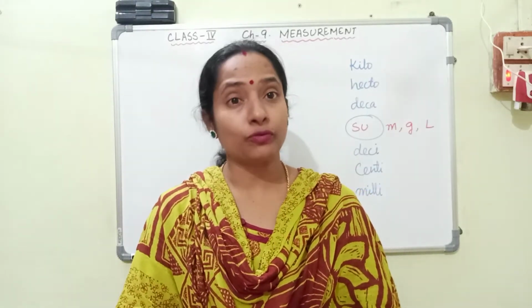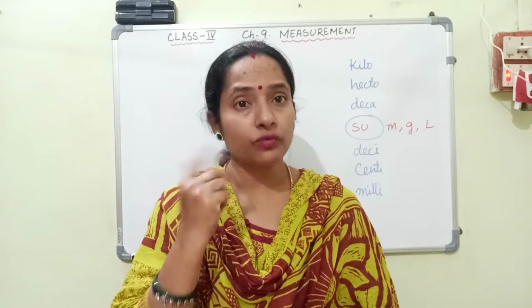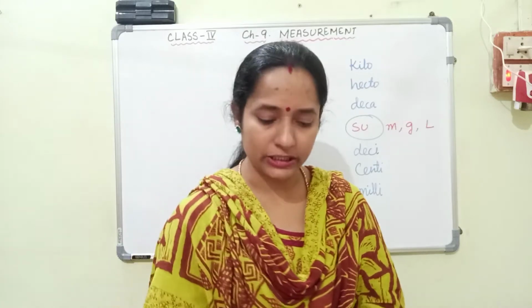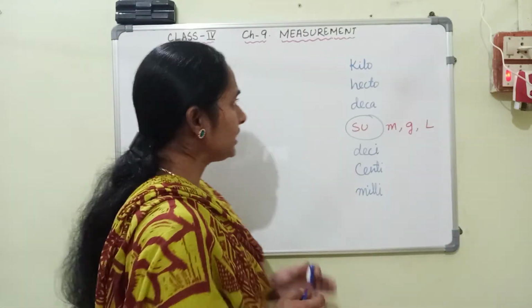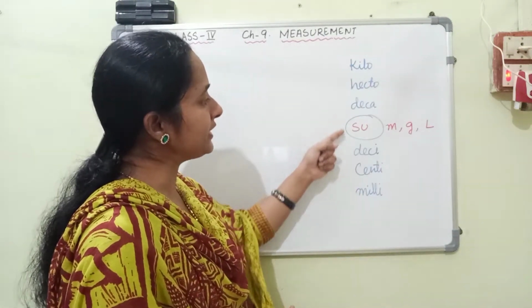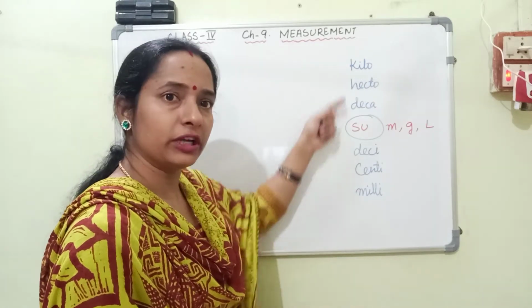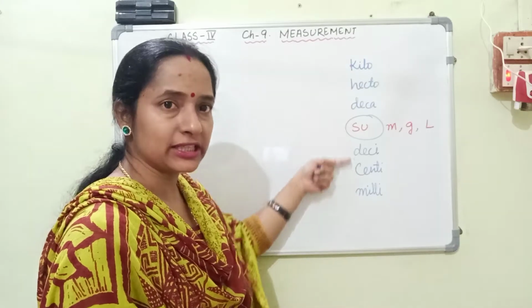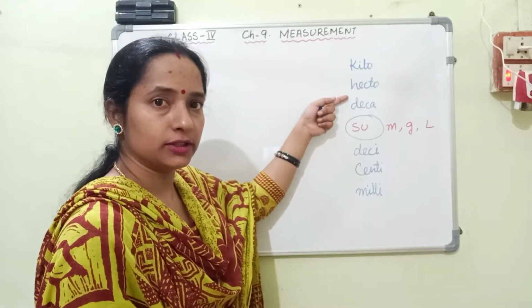Now, the question arises: with what will we multiply and with what will we divide? Let me tell you that. Here our units are in a hierarchical order. Whatever units are at the top are greater than the units below them.